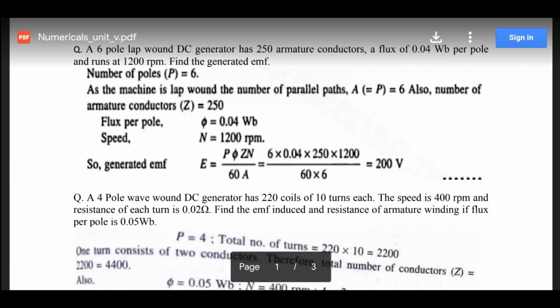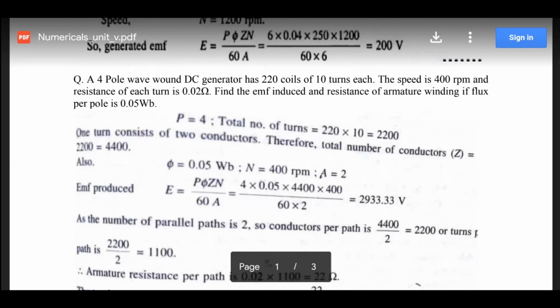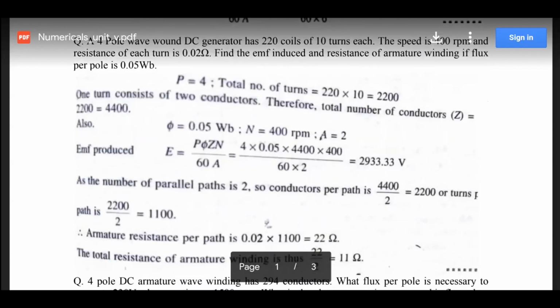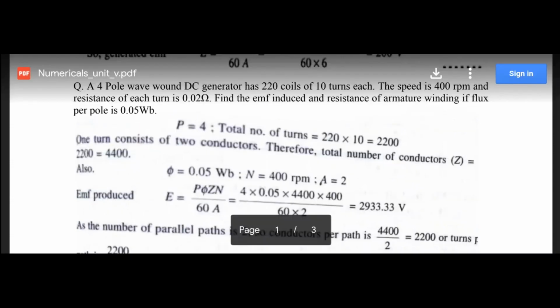By substituting these values, we get the generated EMF as 200 volts. And this generated EMF is equal to back EMF. So the same question can be asked for motors as well.